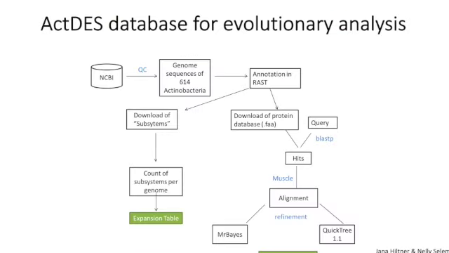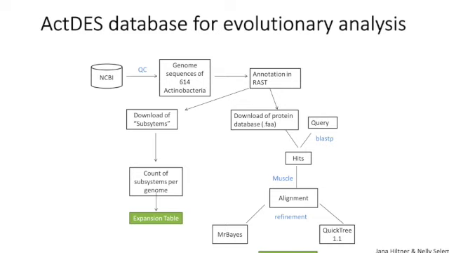So the background for the ActDES database, we created the initial database by looking for highly curated, high quality genome sequences of actinobacteria. So there were 614 genomes that were deemed to meet our quality of a low number of contigs and high quality genomes.